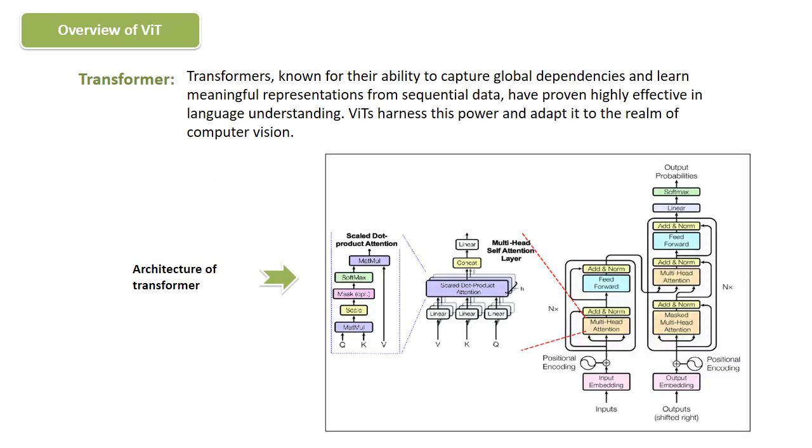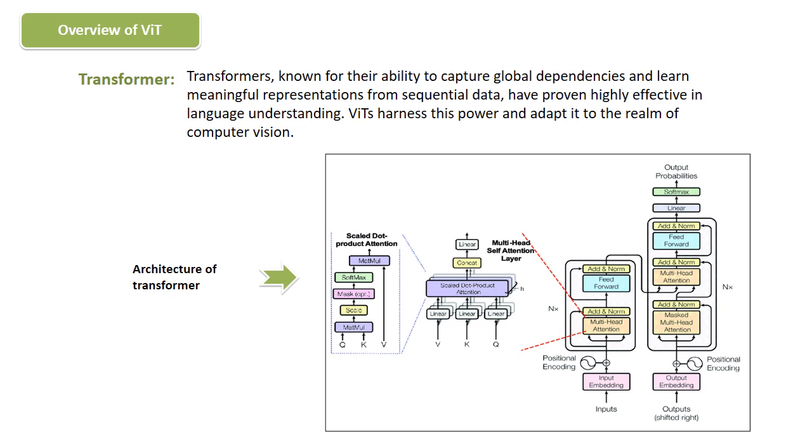Here we go. This is the architecture of the transformer. Transformers are known for their ability to capture global dependencies and learn meaningful representations from sequential data, and they have proven highly effective in language understanding.